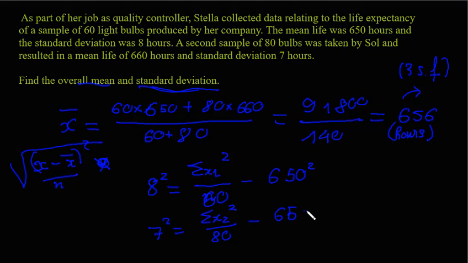So from here we can calculate the sum of x1 square equal to 25,353,840, and the sum of x2 square is 34,851,920.